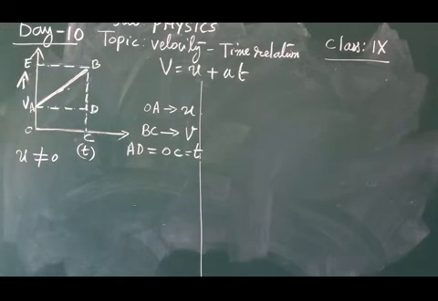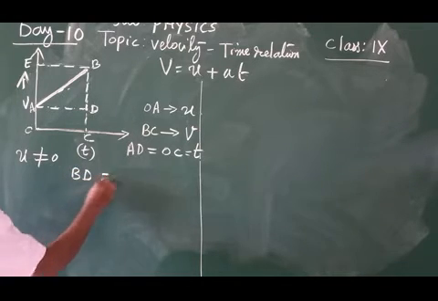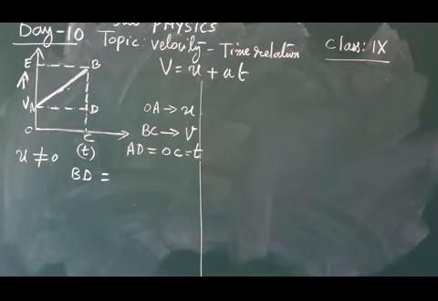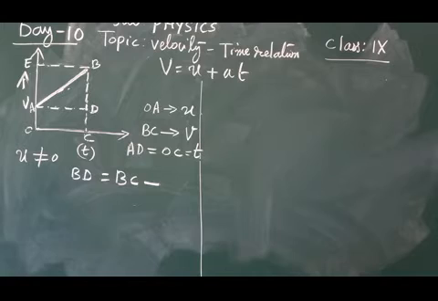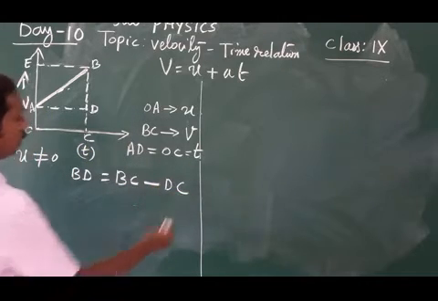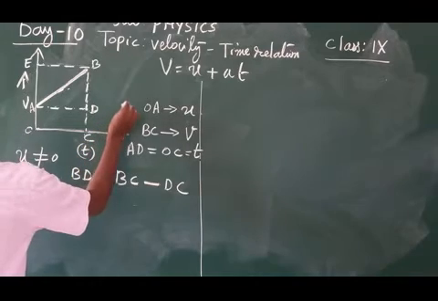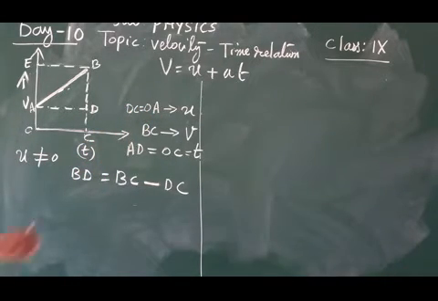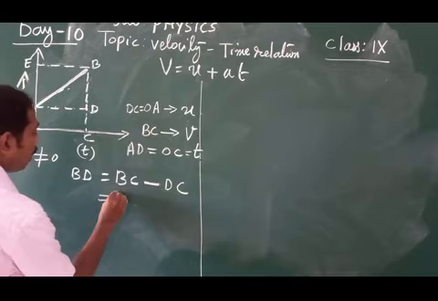Then we consider the distance BD, which is B to D. BD is BC minus DC. Here BC is the final velocity v.